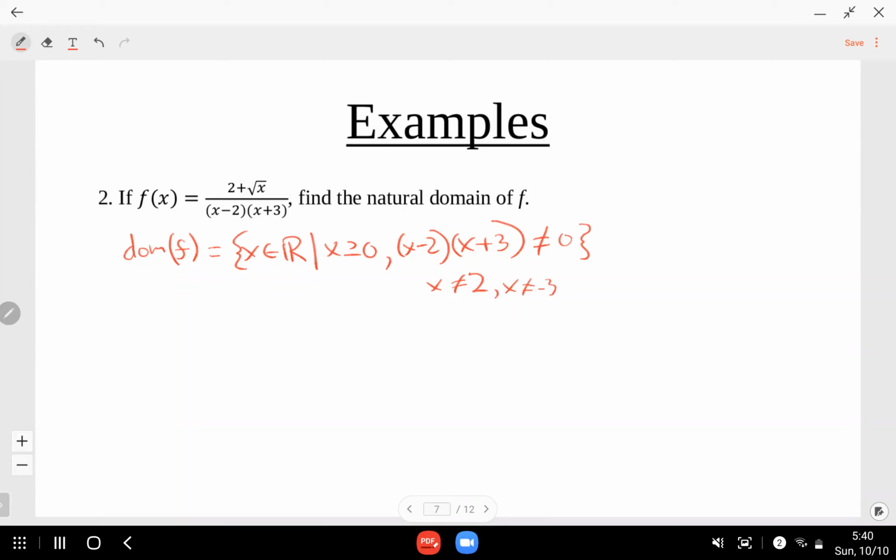From here you get the domain 0 to infinity. And -3 cancels out because it's not in there anyway, since -3 is less than 0. So you get 0 to 2 union 2 to infinity.